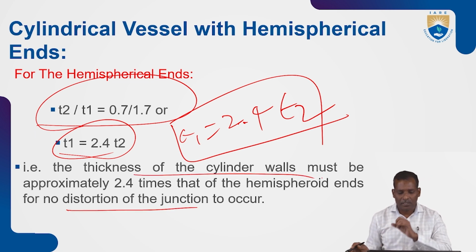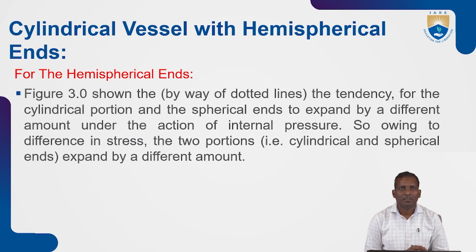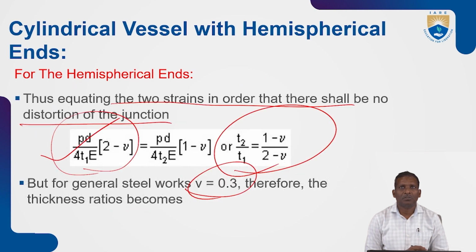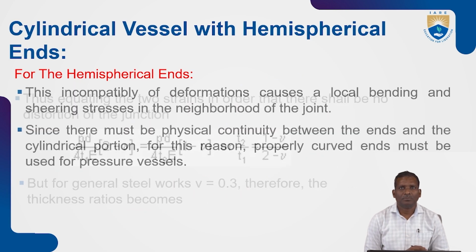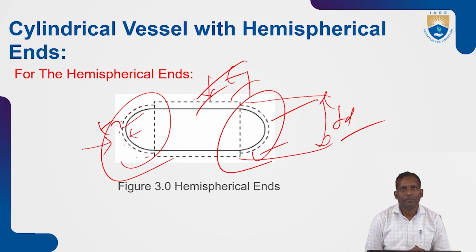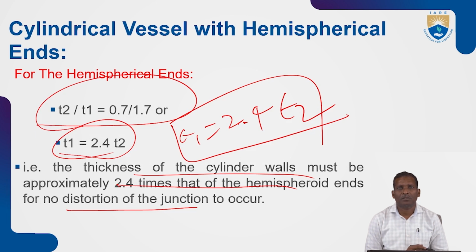So the thickness of the cylinder walls must be approximately 2.4 times that of the hemispherical ends. Here in this diagram, T1 is equal to 2.4 times T2, where T2 is the hemispherical end thickness and T1 the cylinder thickness.